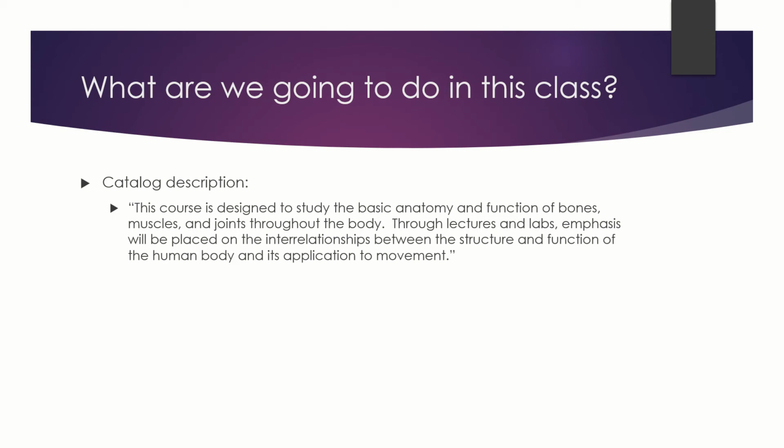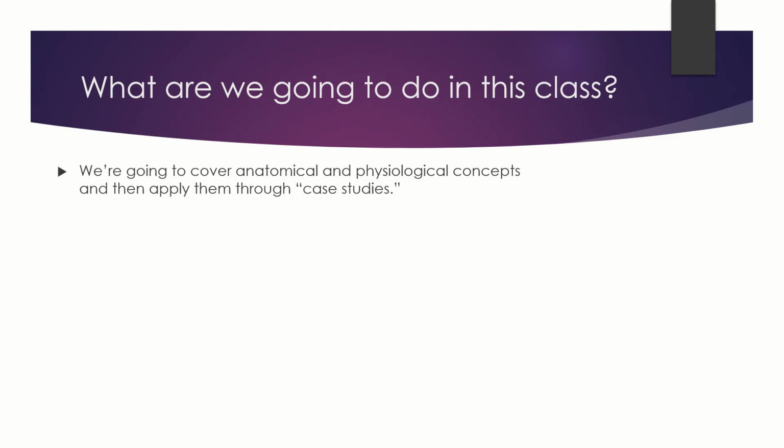And none of that stuff in 471 is going to make sense unless you understand the basic structure and function of a muscle cell under normal circumstances. So the idea in this class is to lay out introductory anatomy so that you can build on it later and talk about adaptations to exercise in later classes.